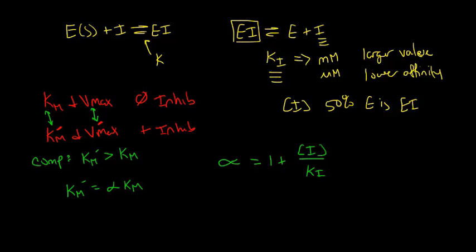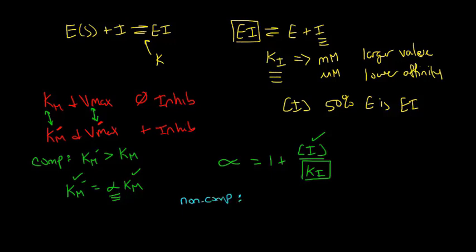So if we know Km prime and we know Km, we can solve for alpha. And then if we know the concentration of our inhibitor, we can figure out Ki. All right? This changes a little bit if we're dealing with, let's say, a non-competitive inhibitor.